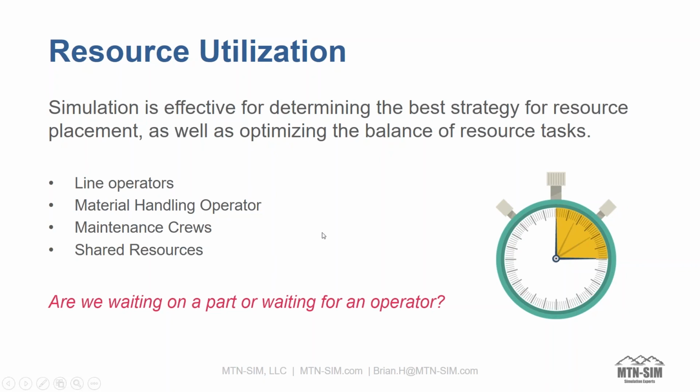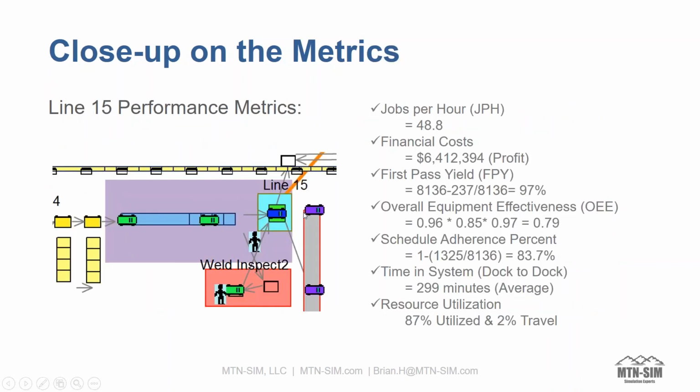So resource utilization, we always want to keep our eye on our resources. We usually don't want to have our assets and our robots, all our expensive manufacturing equipment waiting due to an operator or waiting due to line side material getting delivered.